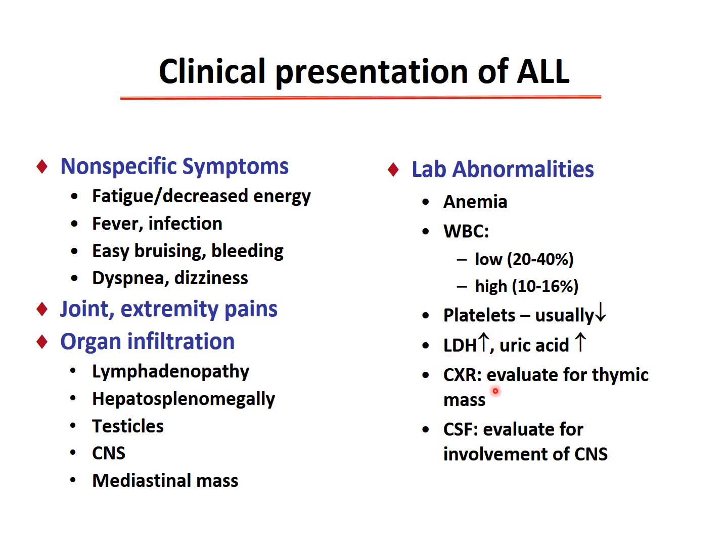In chest X-ray evaluation, we usually check for enlargement of the thymus, because the lymphoid cells migrate and persist in the lymphatic tissue, the thymic tissue, and cause a mass enlargement. Or cerebrospinal fluid evaluation, as we mentioned, because these cells can invade the central nervous system, and this is how you diagnose.